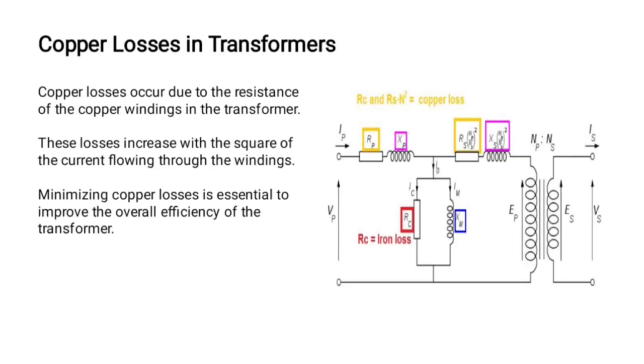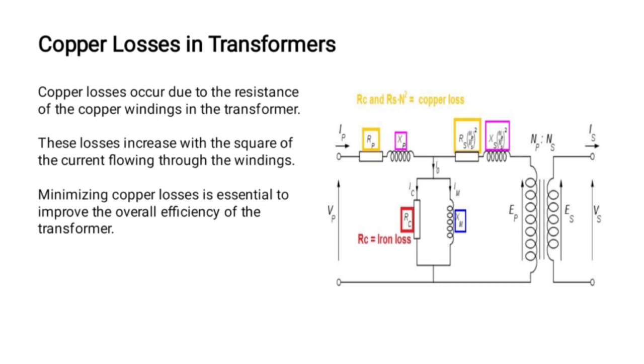Next, copper losses in transformers. Copper losses occur due to the resistance of the copper windings in the transformers. These losses increase with the square of the current flowing through the windings. Minimizing copper losses is essential to improving the overall efficiency of transformers. Copper loss is a term often given to the heat produced by the electrical currents in the conductors of transformers, windings, or other electrical devices.